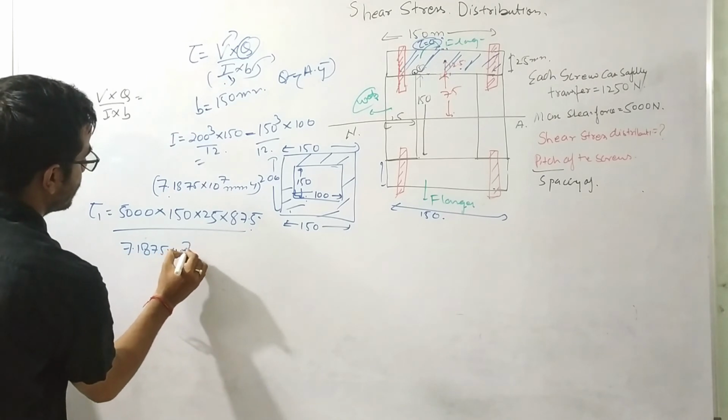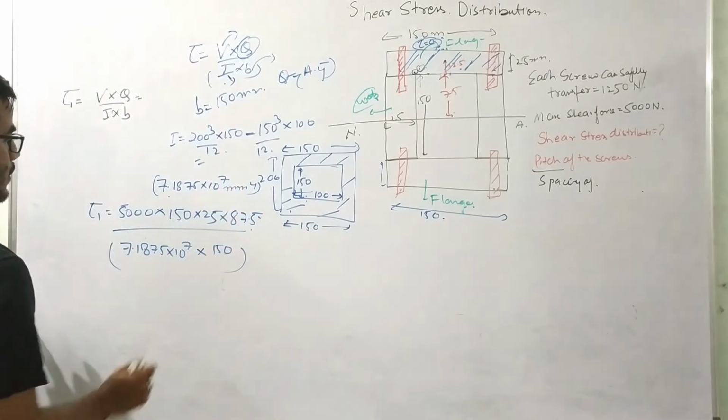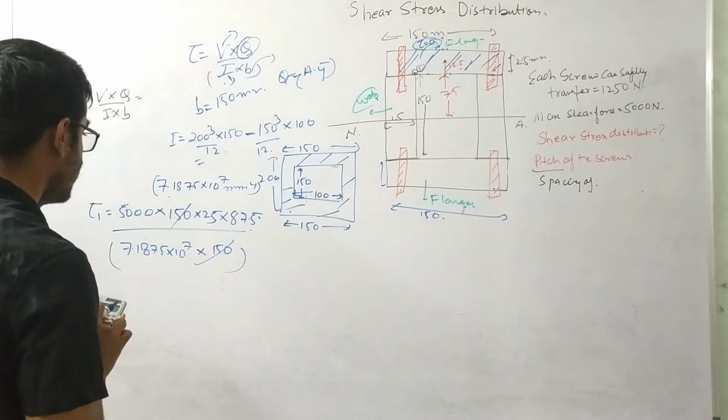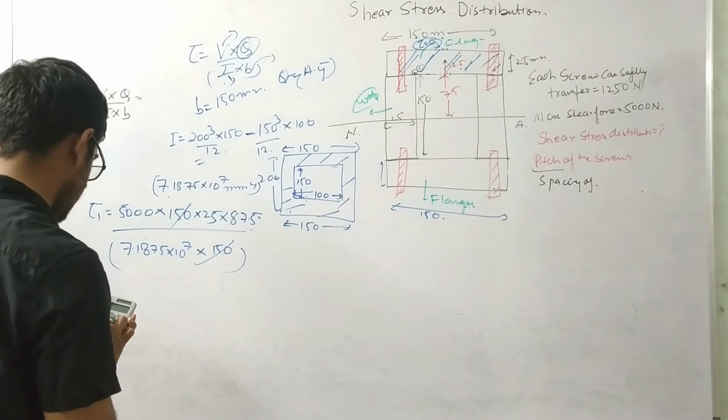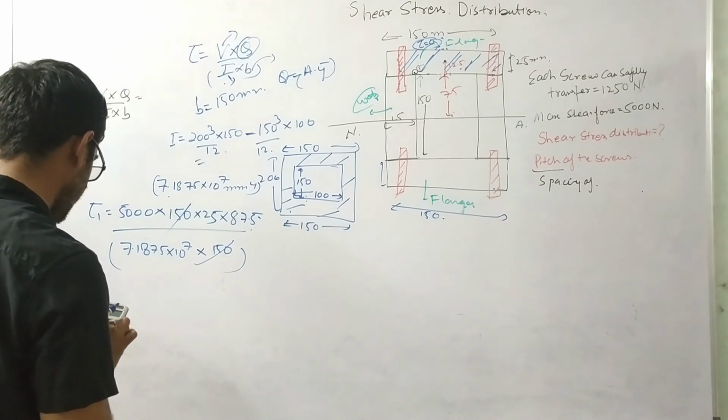I is 1.875 into 10 to the power 7, and B is again 150, so 150 by 150 cancel. So this term is 5000 into 25 into 87.5.